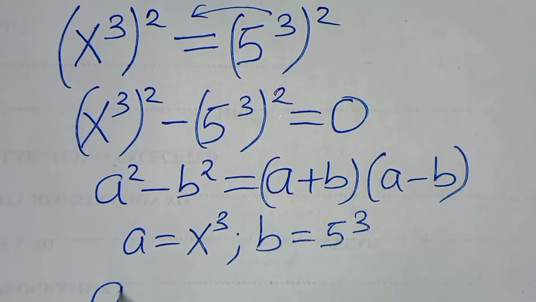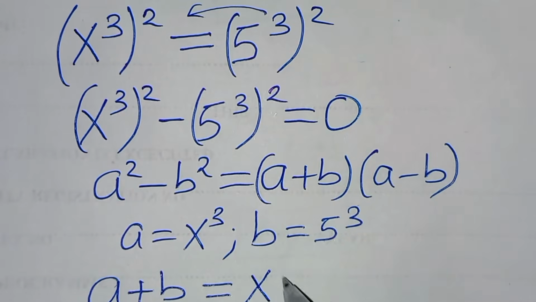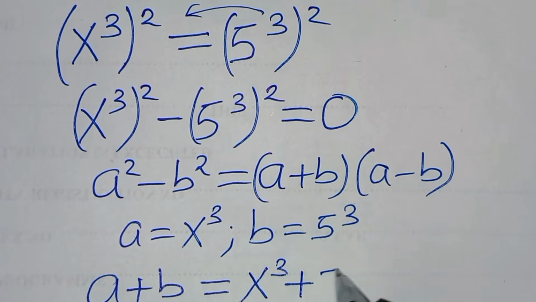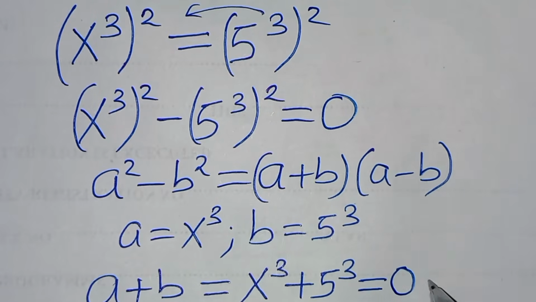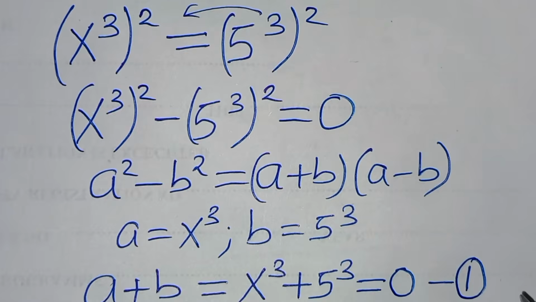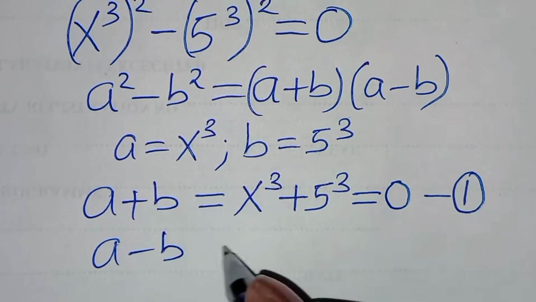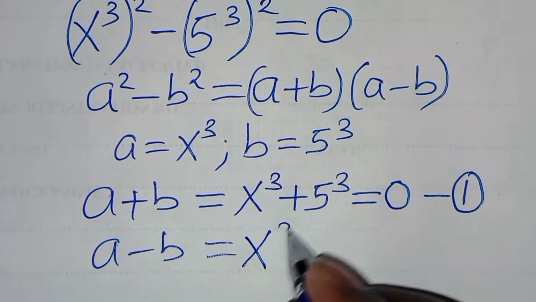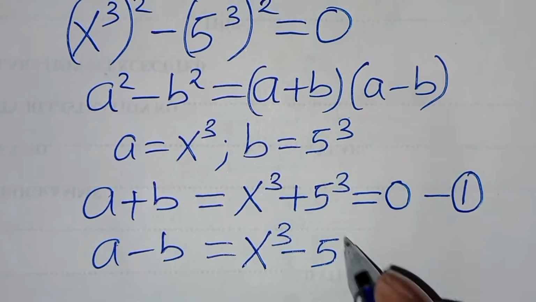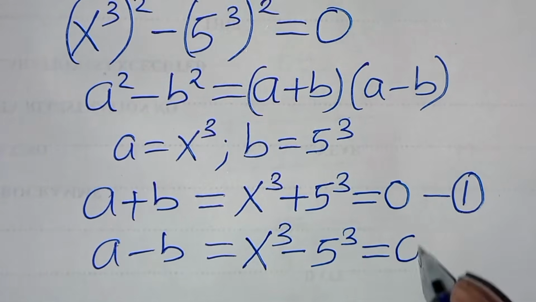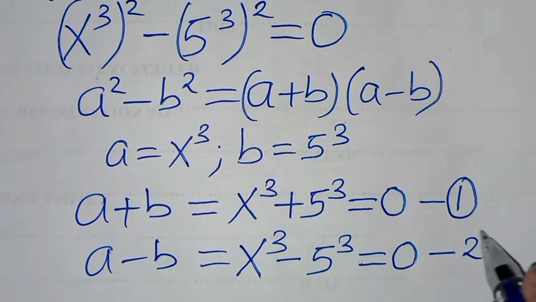So a plus b is x to the power 3 plus 5 to the power 3, equal to 0. Let's call this equation 1. Now we have a minus b, which is x to the power 3 subtract 5 to the power 3, equal to 0. Let's call this equation 2.